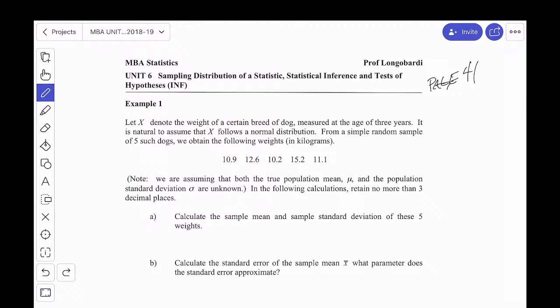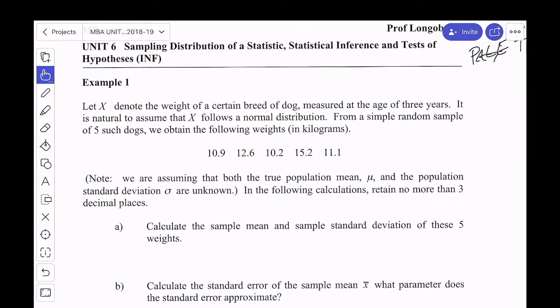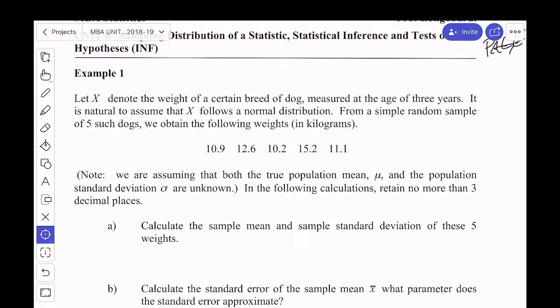So let X denote the weight of a certain breed of dog measured at age of 3 years. It is natural to assume that X follows a normal distribution. Okay, so you get this information. This is important. It makes everything easier. You get it from a simple random sample of 5 such dogs. So you get a simple random sample of 5 such dogs from this distribution, right? And here they are. And that's it.